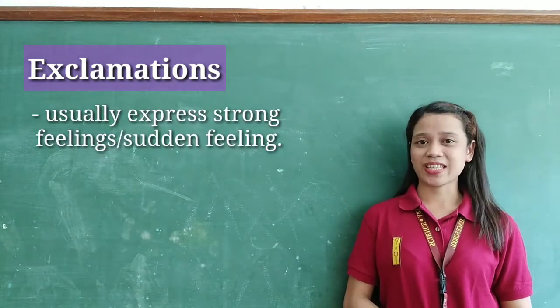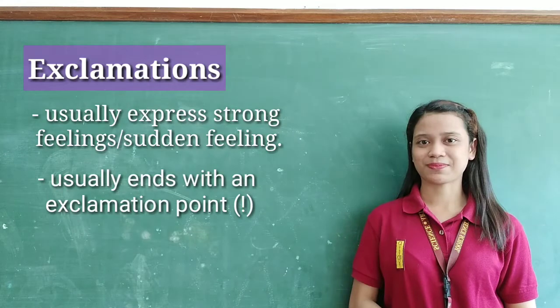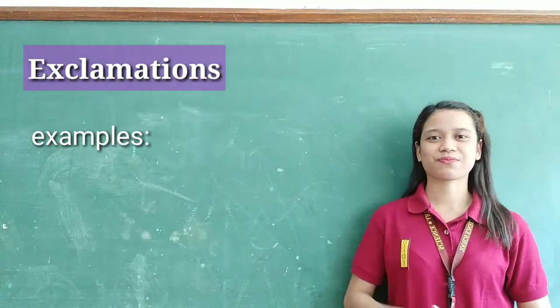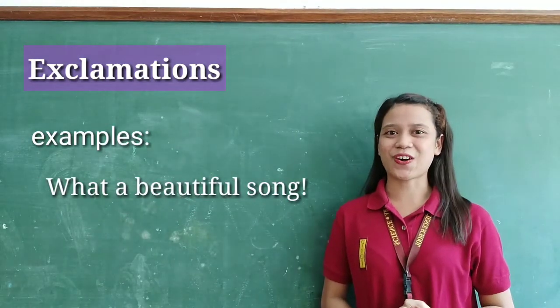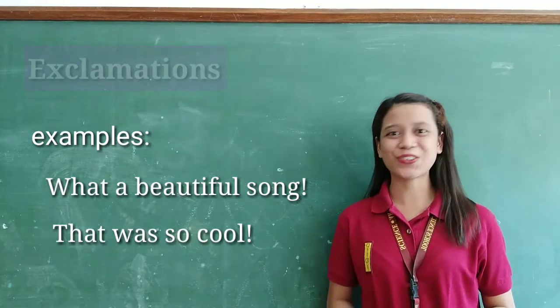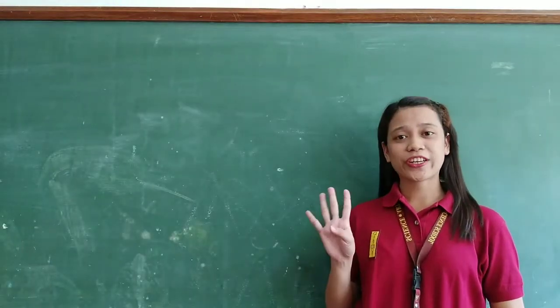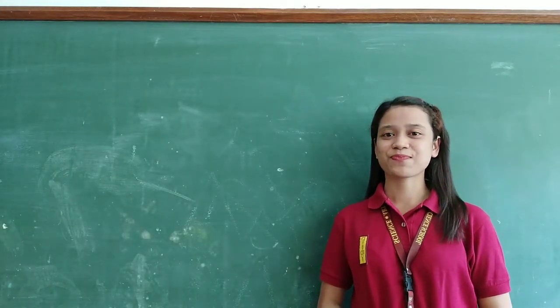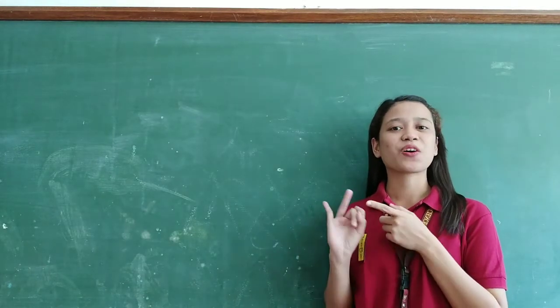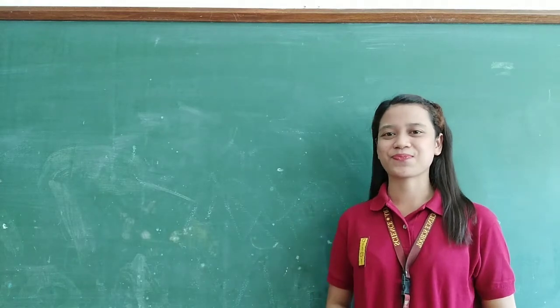Exclamations usually express a strong or sudden feeling. Example. What a beautiful song! That was so cool! So again, those are the 4 kinds of sentences. They are statements, questions, commands, and exclamations.